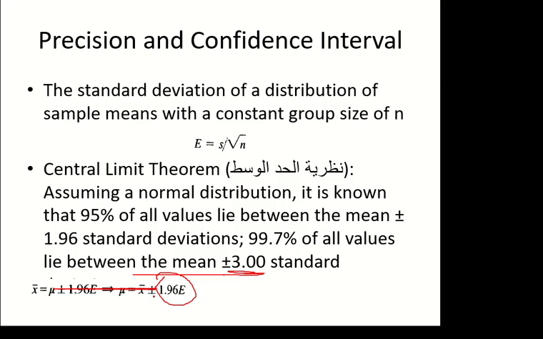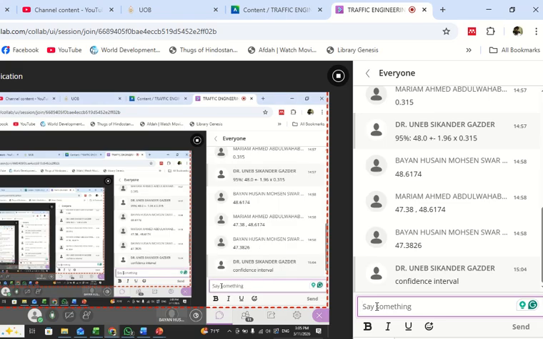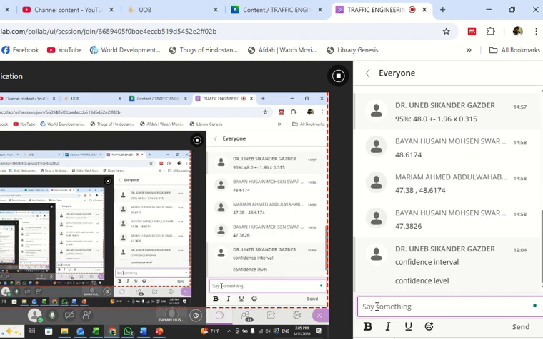If I'm looking for a 95% confidence interval, then I have to use 1.96 E. If I'm looking for a 99.7% confidence interval, then I have to change 1.96 to 3. This percentage is what we call the confidence level. The range is called the confidence interval and the percentage is called the confidence level.